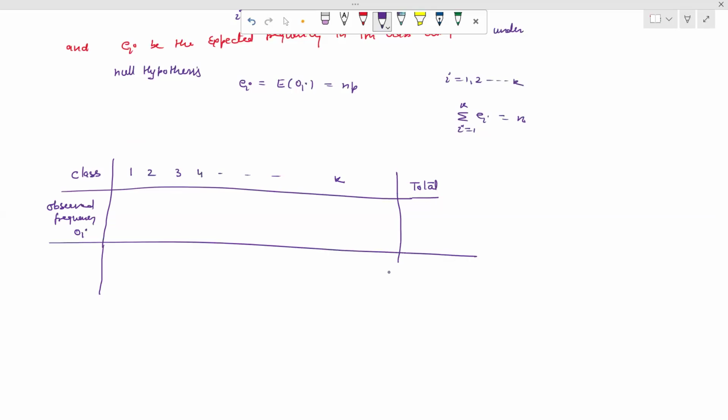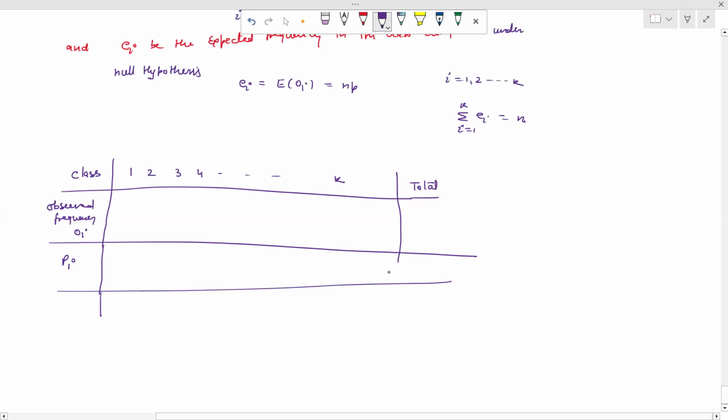Now we write down pi and expected frequencies, that is denoted as Ei. So this will be O1, O2, O3, O4 and Ok.